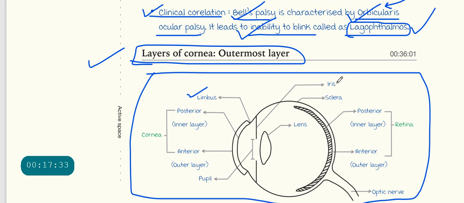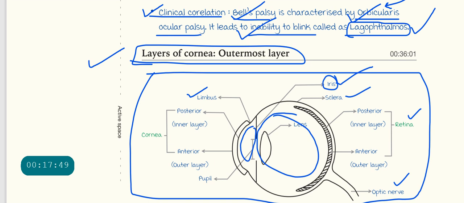Posteriorly you can see the retina and optic nerve. And these are the two chambers, the anterior and the posterior chamber. And this space, this hole, is nothing but your pupil. This is the iris as we discussed, and this is the sclera, the outermost one. So these are the two chambers.